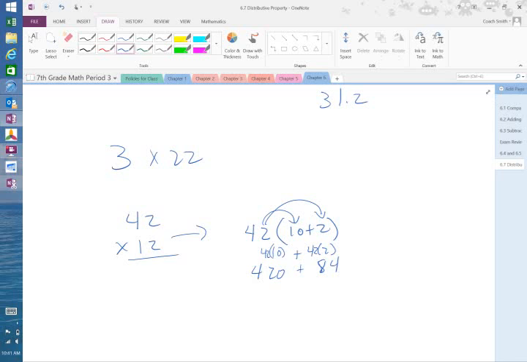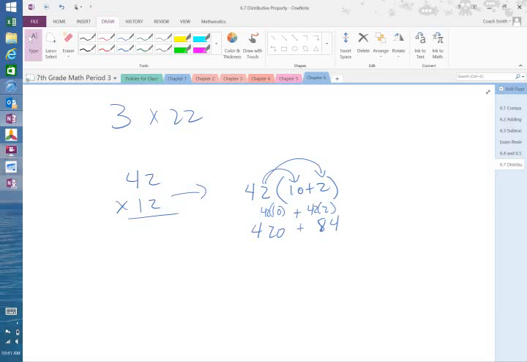Okay? Now, what you see, what you get is this. If I was to take 42 times 12, no, it's right the first time. If I was to take and multiply this out, you would get 84, right? And then I'd put a 0, and I'd have 2 and 4.